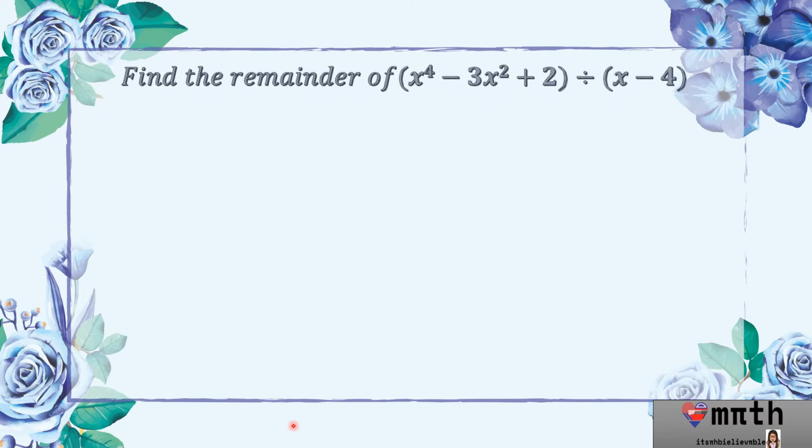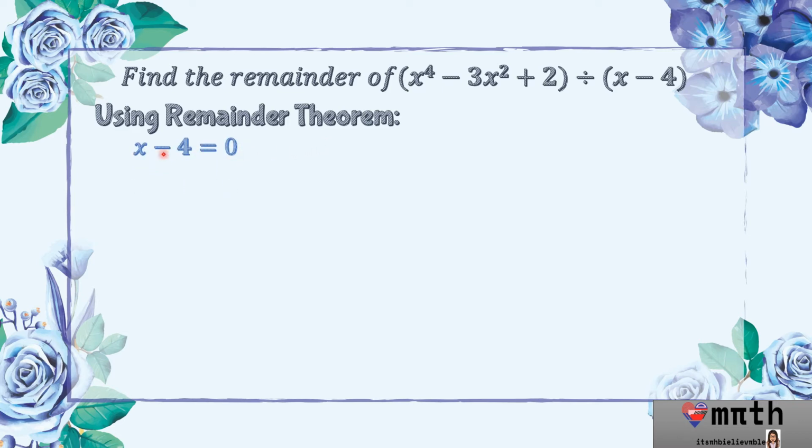And for our second example, we have: find the remainder of x raised to 4 minus 3x squared plus 2 divided by x minus 4. Again, using the remainder theorem, we need to get the value of r from the divisor. In order to get the value of r, we equate the divisor x minus 4 equal to 0, wherein we are able to get the value of x, which is equal to 4.